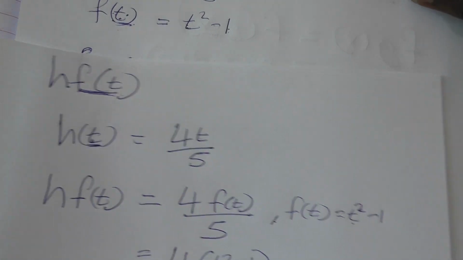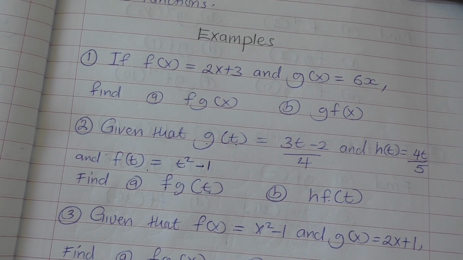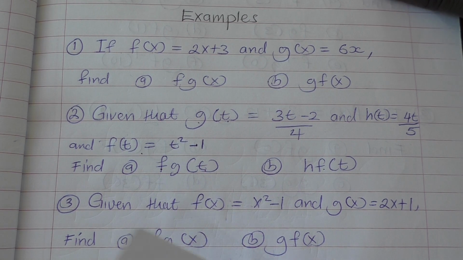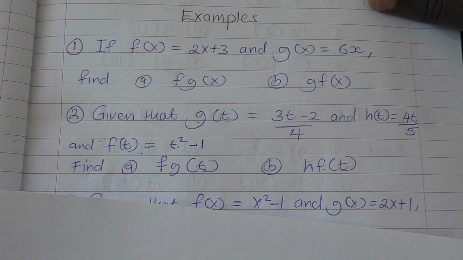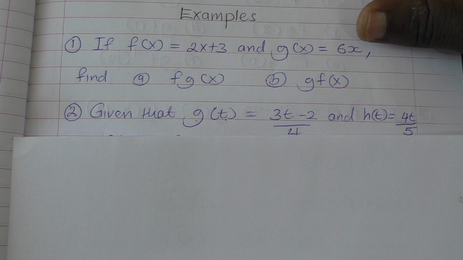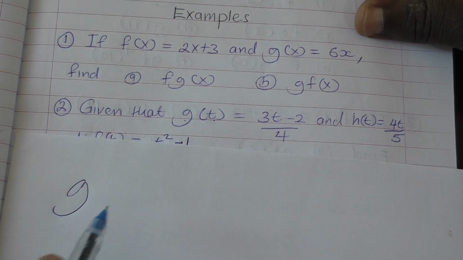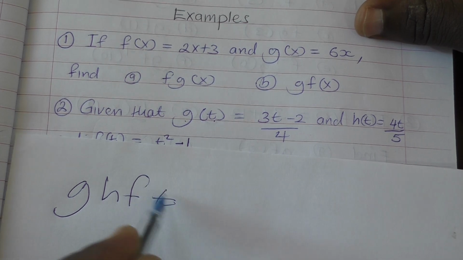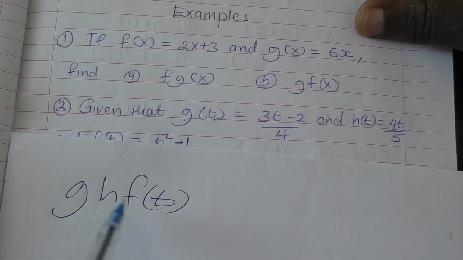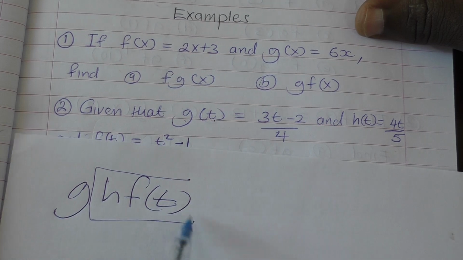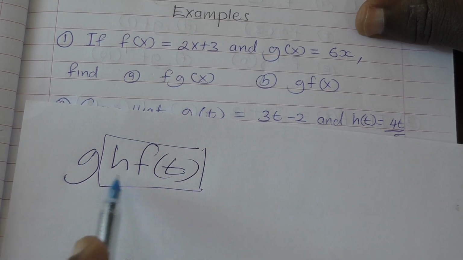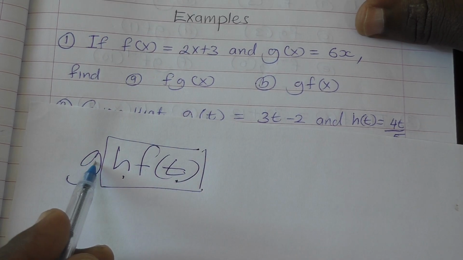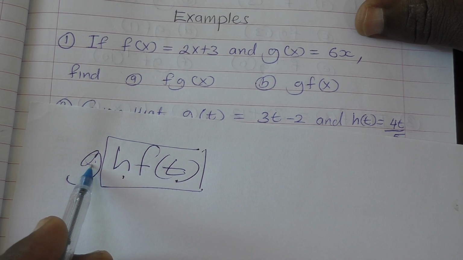Sometimes we are given to get the composite function of 3 functions. They can ask you to get g h of f of t. First get this one. After getting it, you also consider that for g.